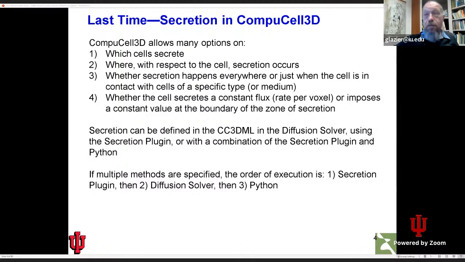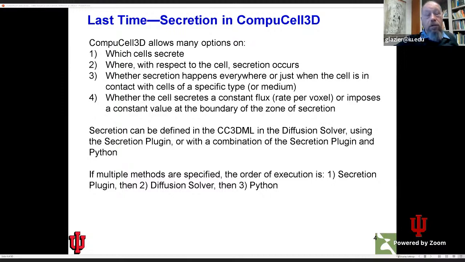Now, secretion can be defined in CC3DML. It can be defined in Diffusion Solver or Secretion plugin, or we can also define it on a cell-by-cell basis, combining Secretion plugin and Python.